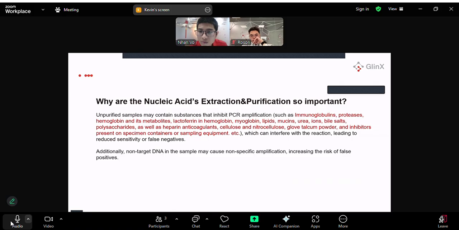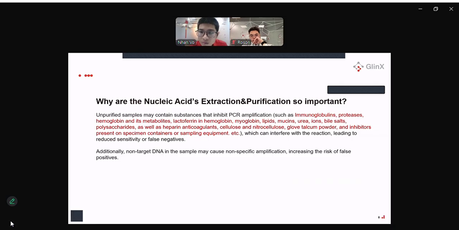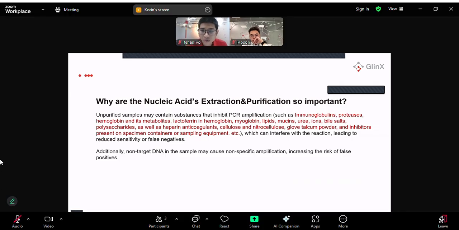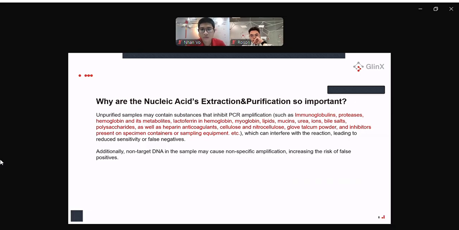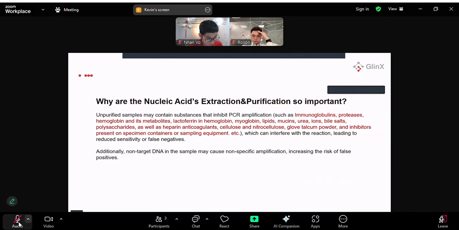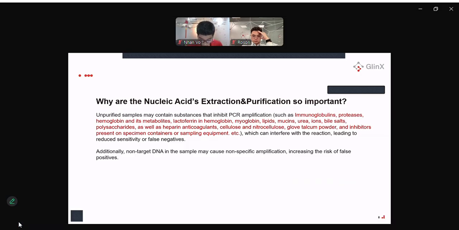When the machine has been used for a long time to conduct a lot of tests to detect different kinds of pathogens, sometimes the machine has been contaminated by the samples, like gastrointestinal samples or blood samples. They might have the possibility to contaminate the machine itself.